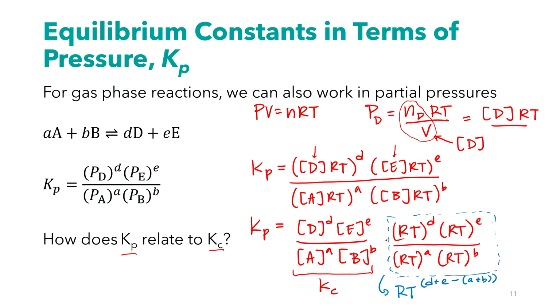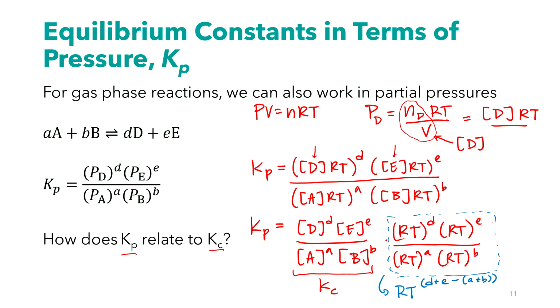All right, so again, I'm just using some exponent rules. D plus E is the number of moles of my product in the gas phase, and A plus B is the number of moles in the gas phase on the reactant side.